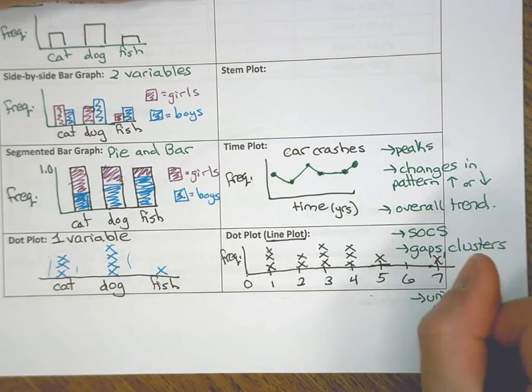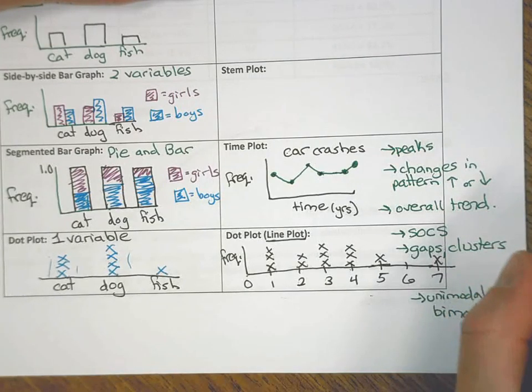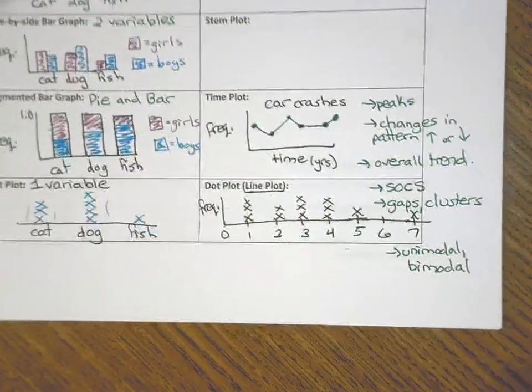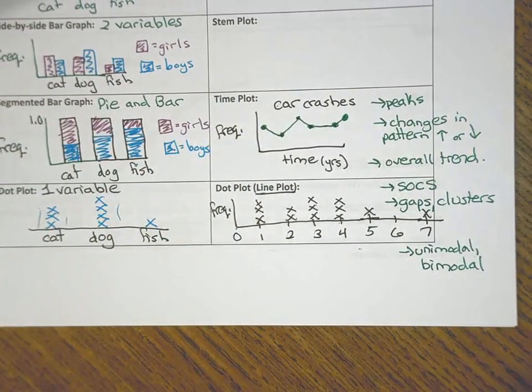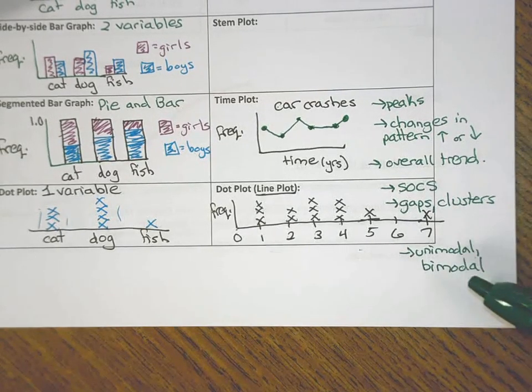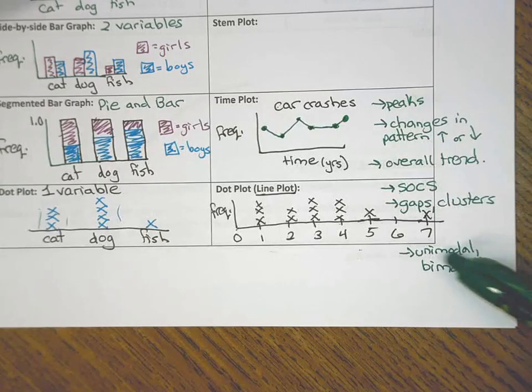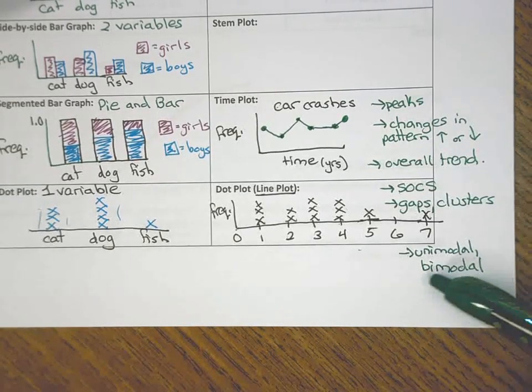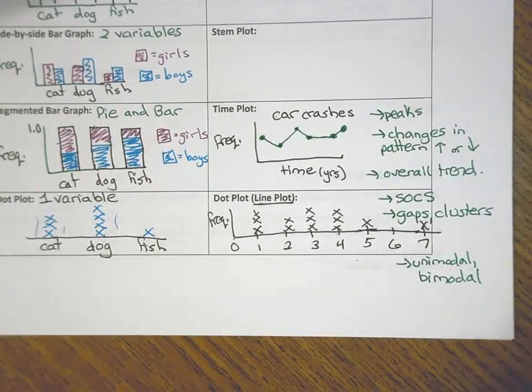Kind of goes along with the whole cluster thought process, but definitely mentioning if there's clusters in there and how many peaks basically there are. Think of modal is just like your mode, how many modes you have.